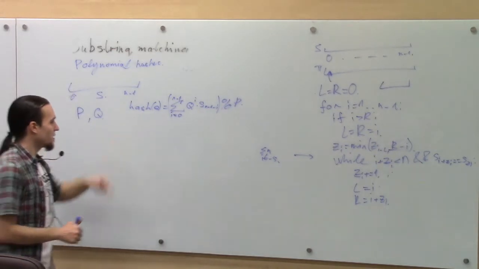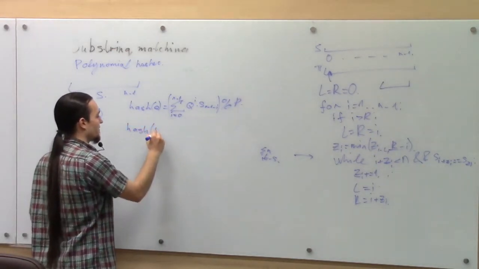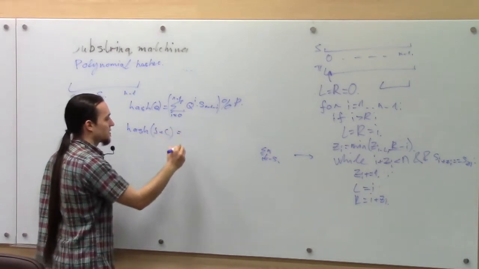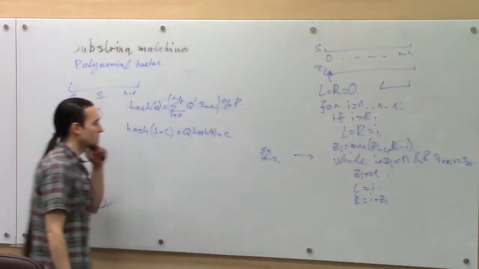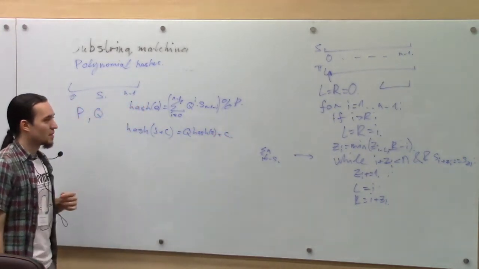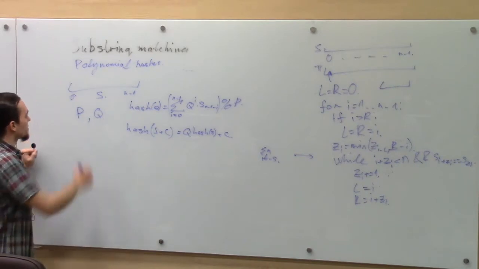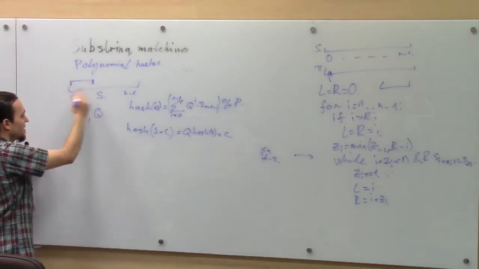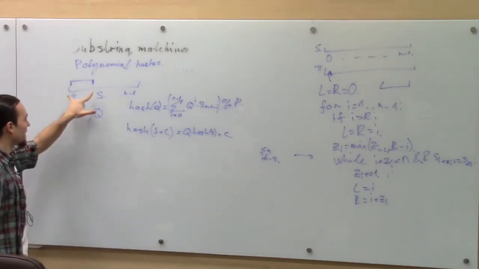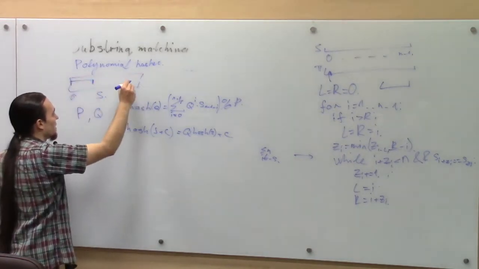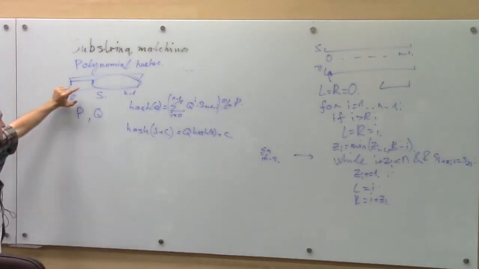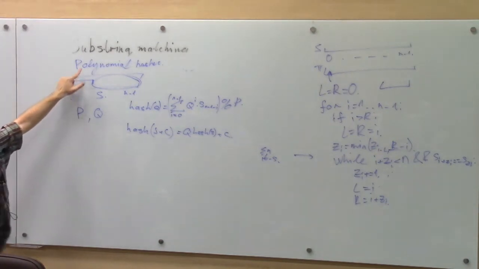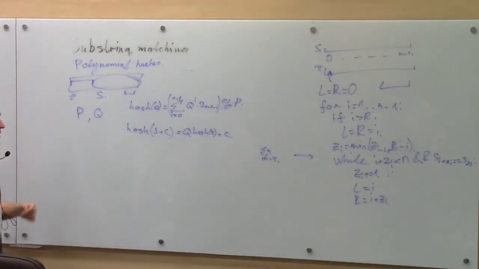And now we can see that, for example, the hash of the string s plus the character c is exactly q times the hash of s plus the value of c, modulo p, obviously. And also, if you have a string and we know the hashes of a prefix and the whole string, then we can also compute this one, basically just by multiplying the hash of the prefix by a certain power of q, and then subtracting from the whole hash.